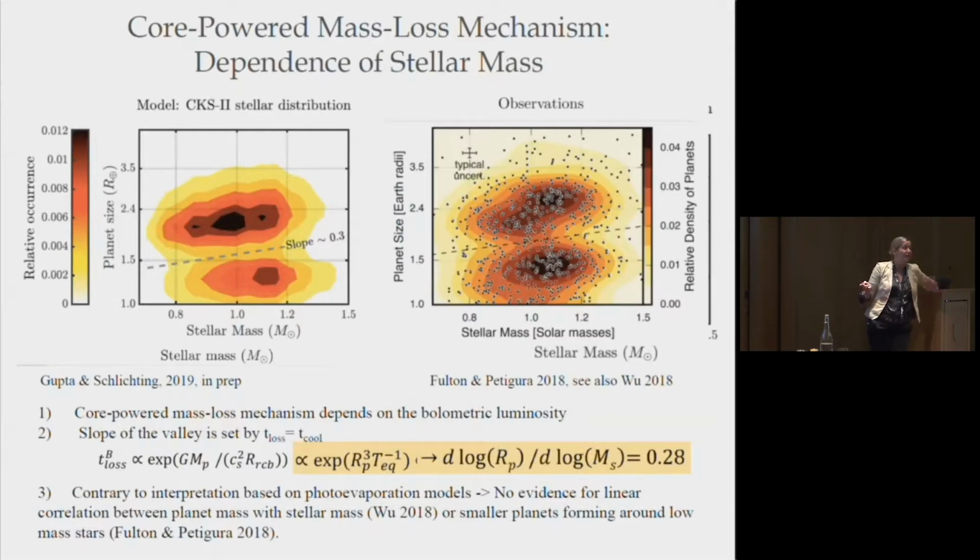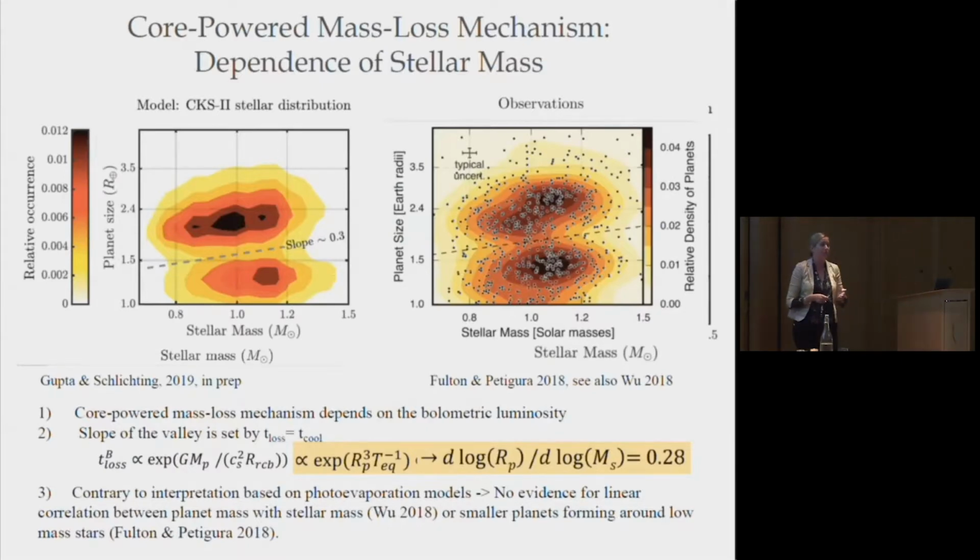We can again derive this analytically very simply, from exactly the same argument, same exponent. You're just rewriting this explicitly in terms of the insolation received, and you can analytically even derive the slope. But you can, of course, do this numerically also. This is one thing where we predict something quite different from photoevaporation, right?